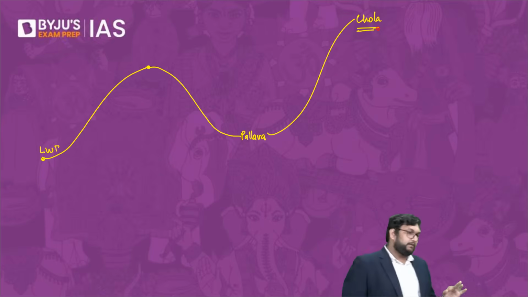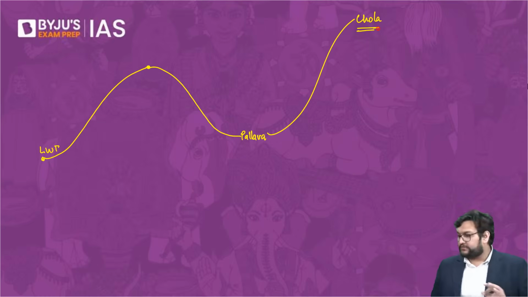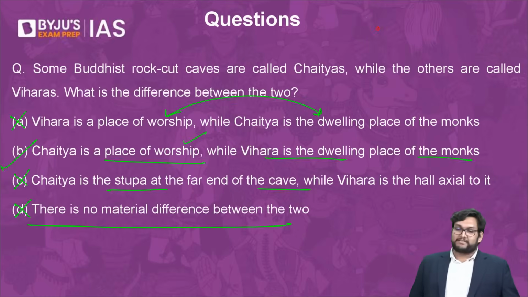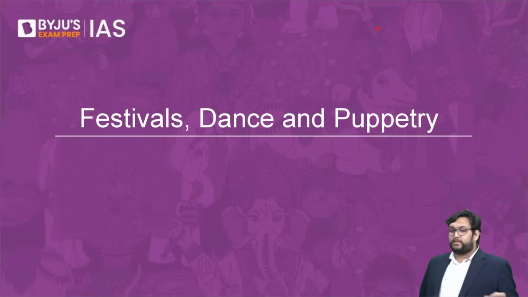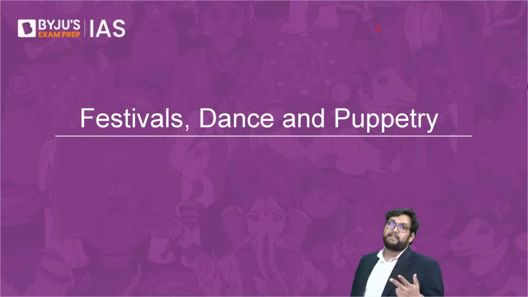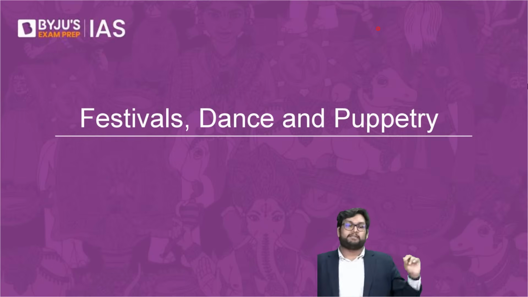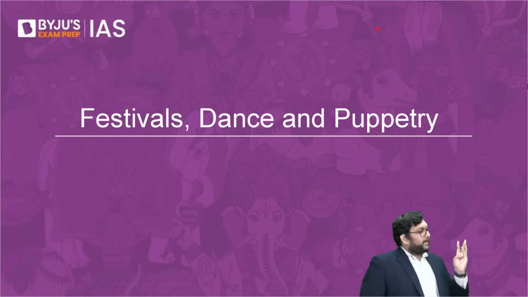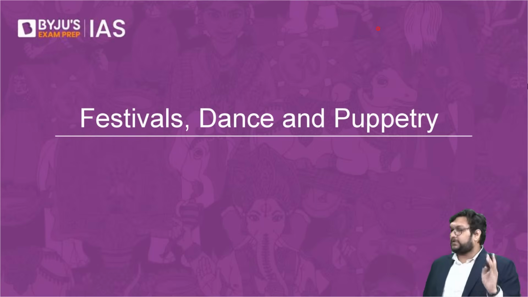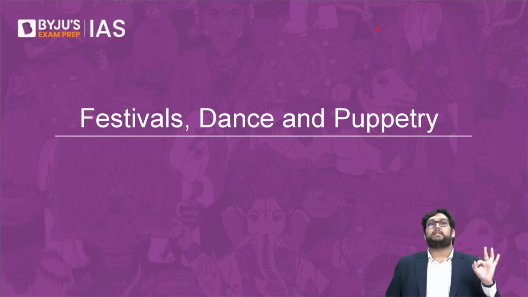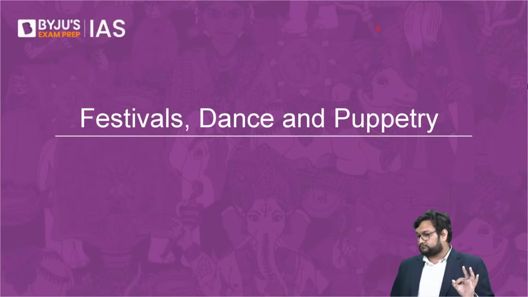If this is clear, our purpose of discussion is done. When we start on Monday, we start with festival, dance, puppetry, and our big four are done. It always takes time, but I hope architecture, sculpture, painting is totally properly done.